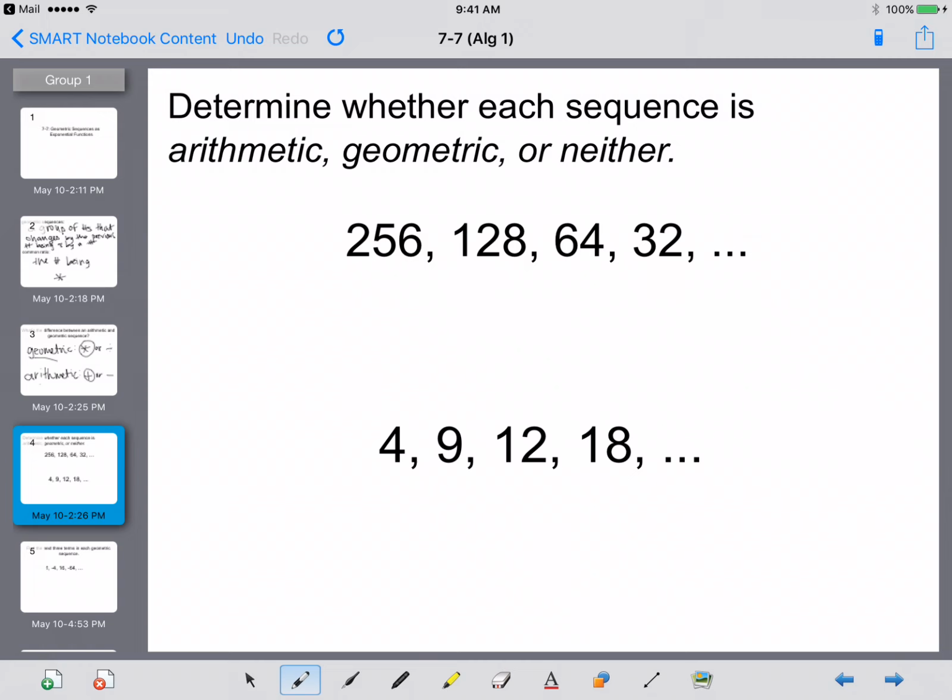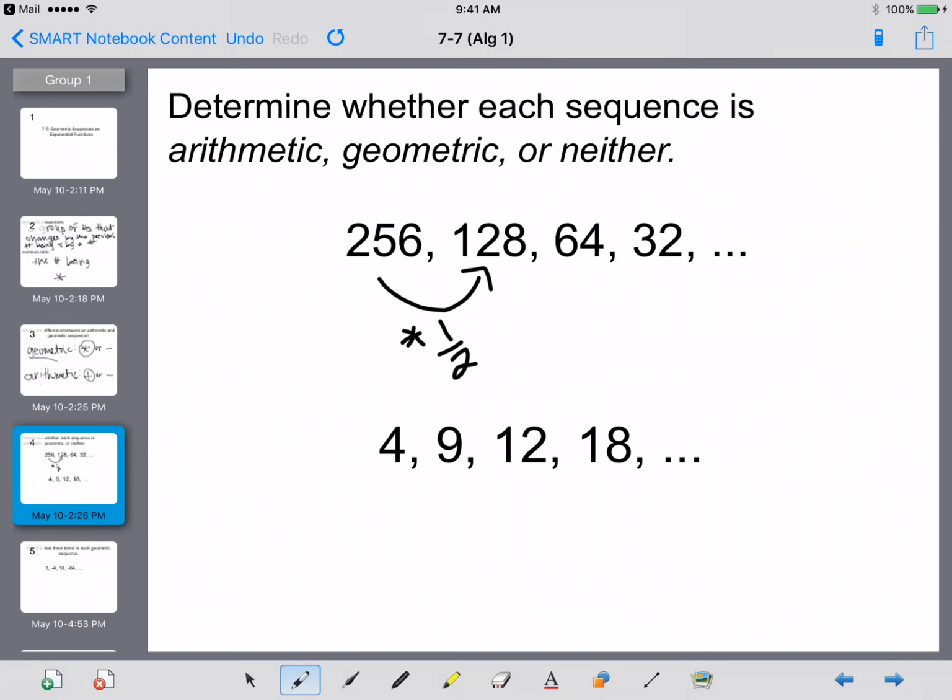So here we want to determine whether each sequence is arithmetic, geometric, or neither. So we need to figure out what is happening to each of these numbers every single time. So since we're working on geometric sequences, that's kind of what I'm going to check out first. So I'm going to do 256 divided by 128. And here it's being multiplied by 1/2 each time, because it's half of whatever that number is.